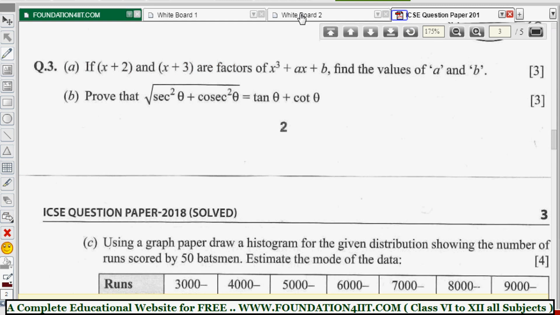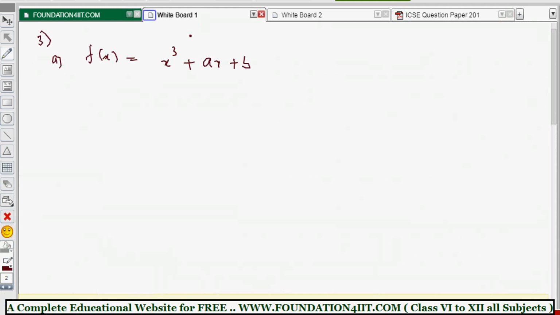So if you use the factor theorem, given x plus 2 is a factor, then f of minus 2 is 0 because x plus 2 is a factor. Then f of minus 2 is equal to 0.